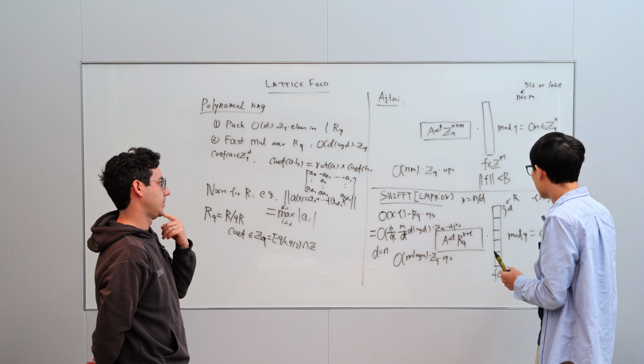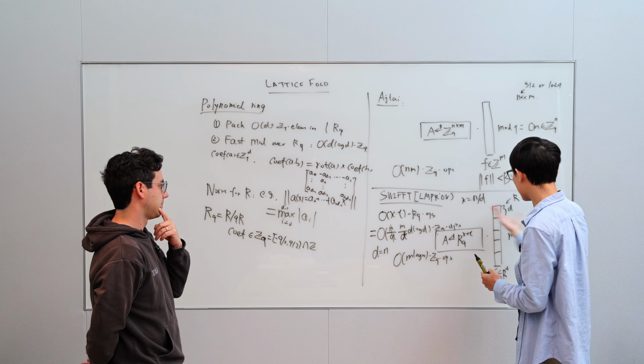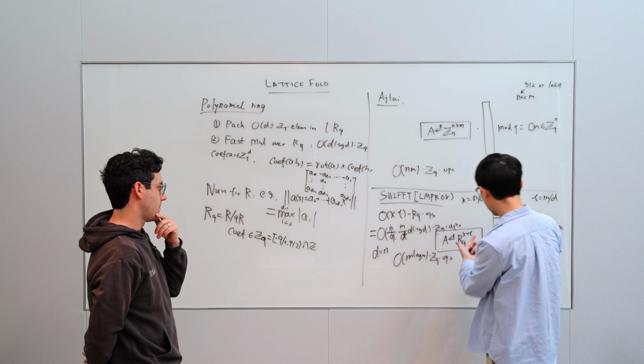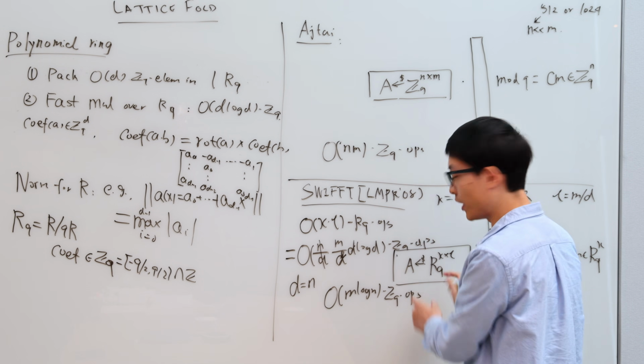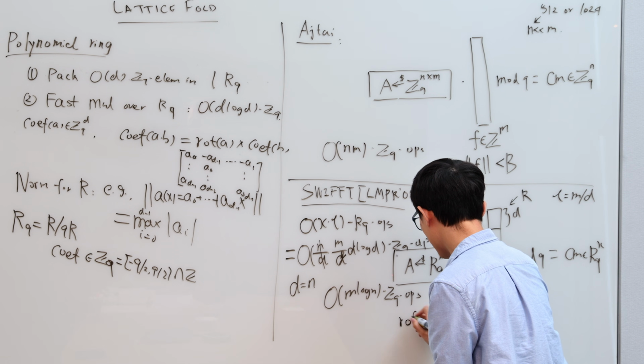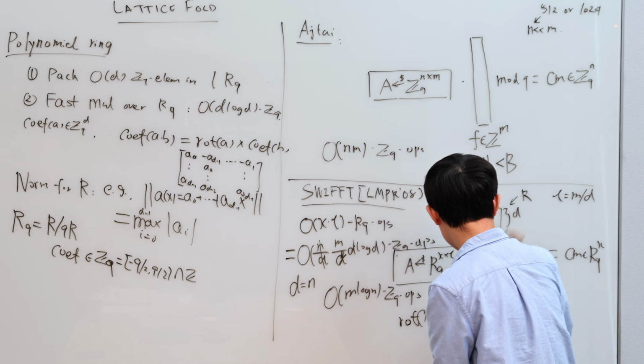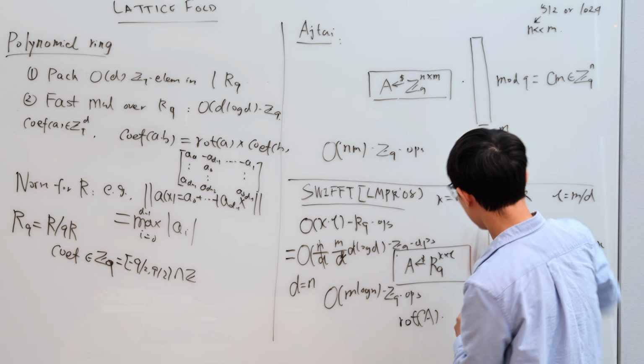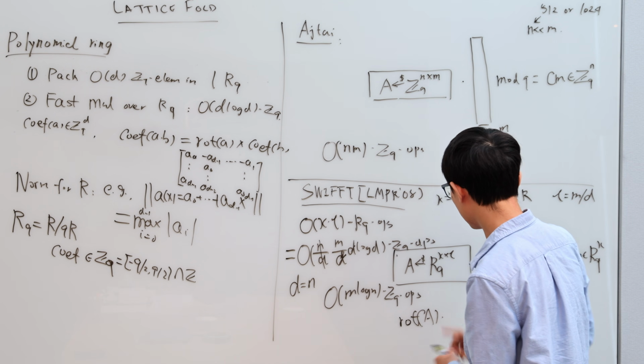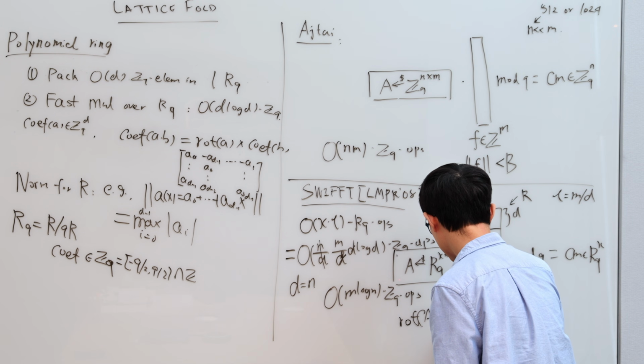Another way to understand this matrix multiplication is as a convolution matrix of A, like rot(A) times F, where F becomes an integer vector. So maybe I write here F equals Cm.